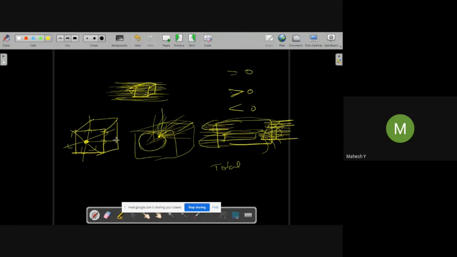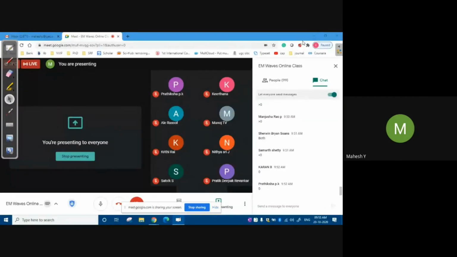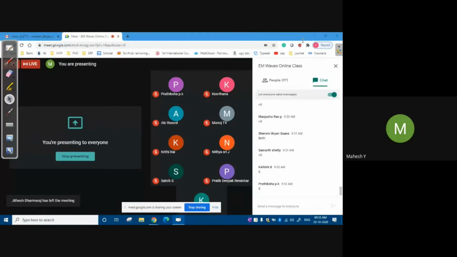If I'm considering the closed surface including the charge, what will be the value? Positive, negative, or zero? For a positive charge, fluxes are moving outward. So what will be the divergence? Anybody?